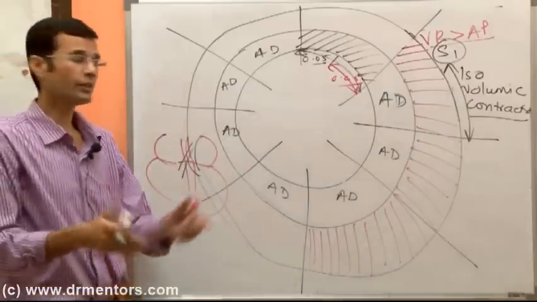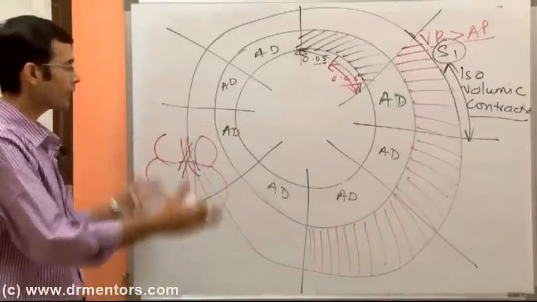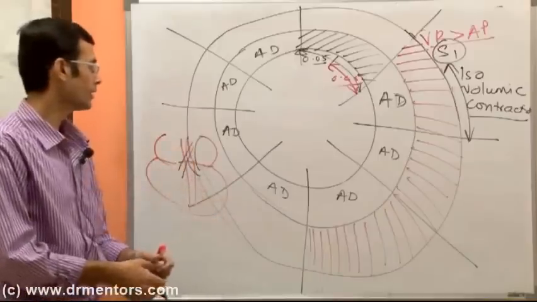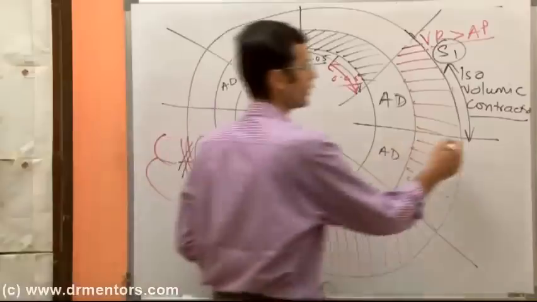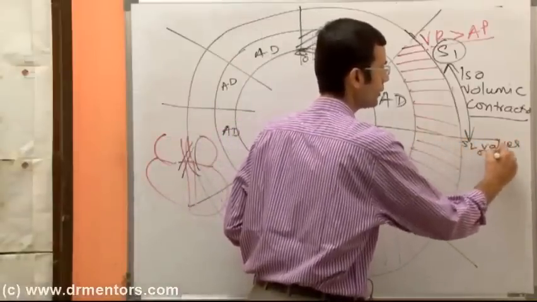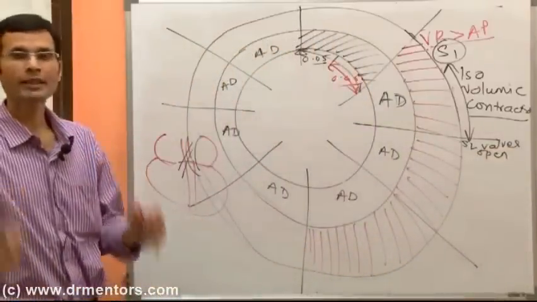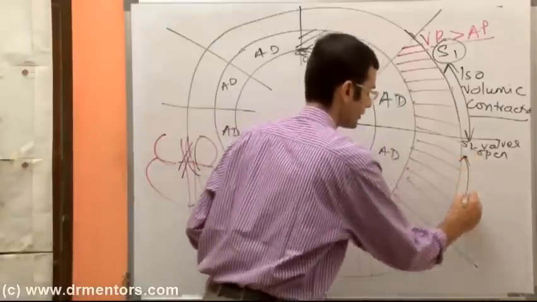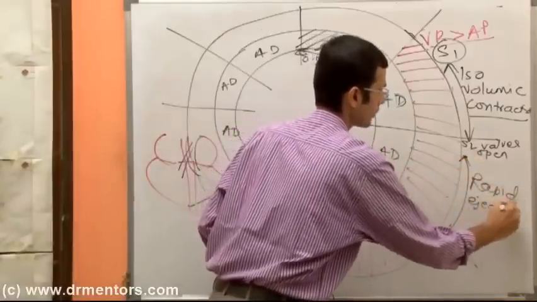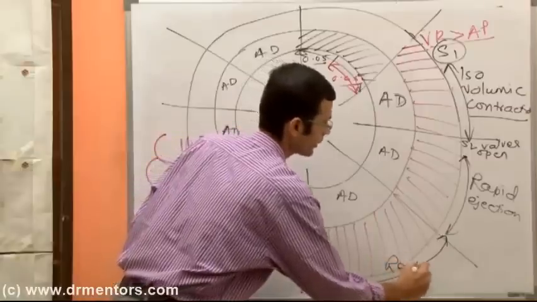But ventricular pressure is rising, so soon the ventricular pressures exceed the pressure in the pulmonary artery and aorta respectively, and therefore semilunar valves are opened. Semilunar valves open, and therefore the period of ejection will start. Blood will be ejected out in two phases: first the rapid ejection, and later on there will be a reduced ejection.